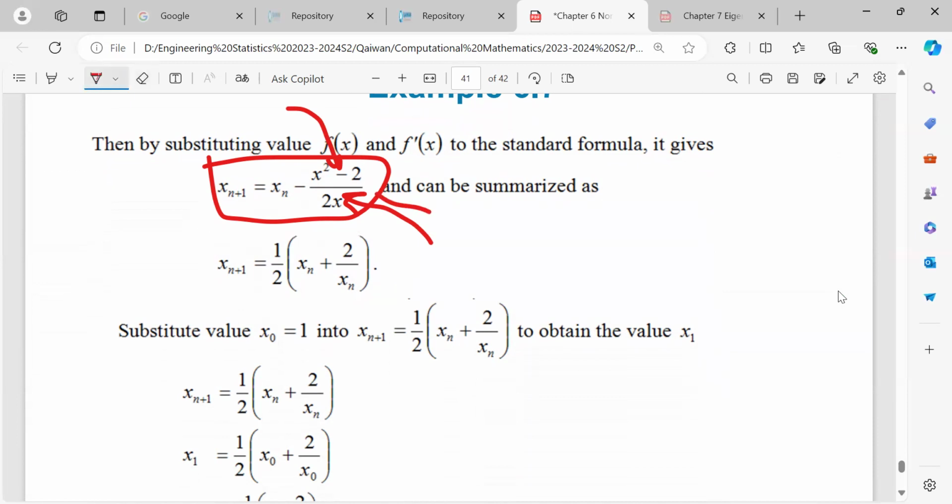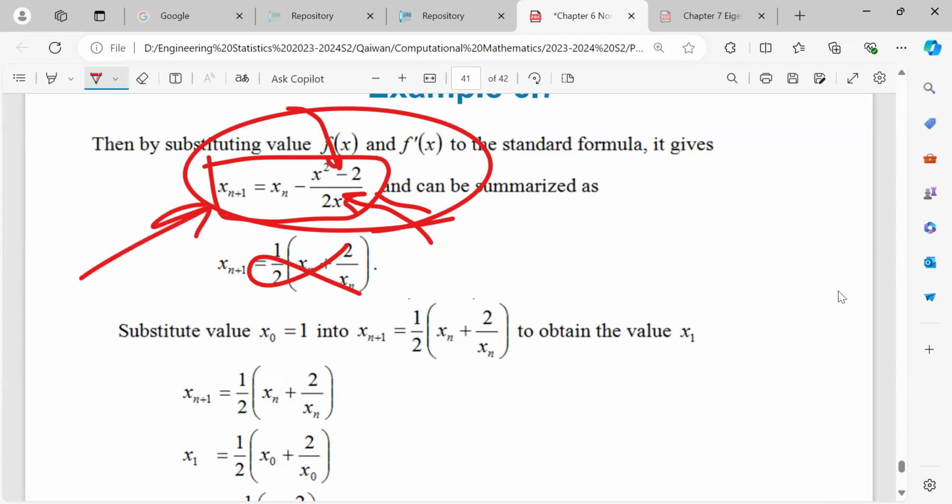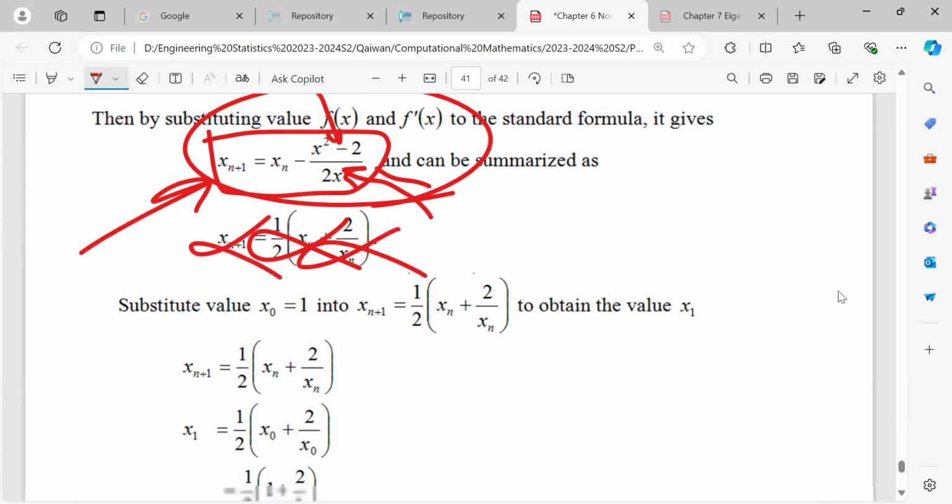You don't even need to do this, because it is reducing the above one. Here, 2 was taken as common and simplified more. You could even use this one. We are familiar with dealing with this formula, so use it. You don't need to reduce it to the one below.